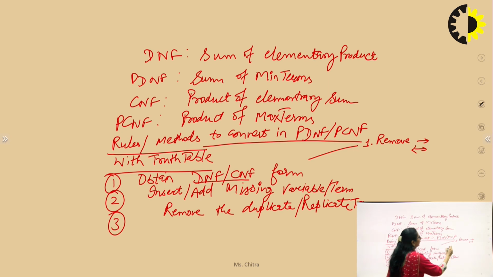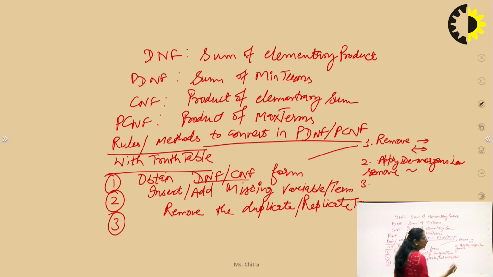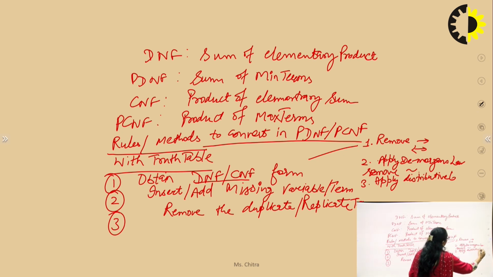In the very next step, we apply De Morgan's law and remove negation. In the third step, we need to apply the distributive law. Now let's proceed further. We will apply only these three rules.